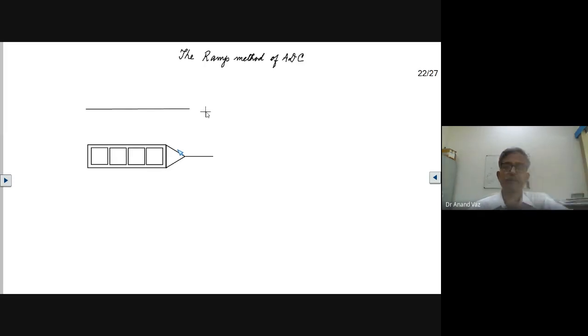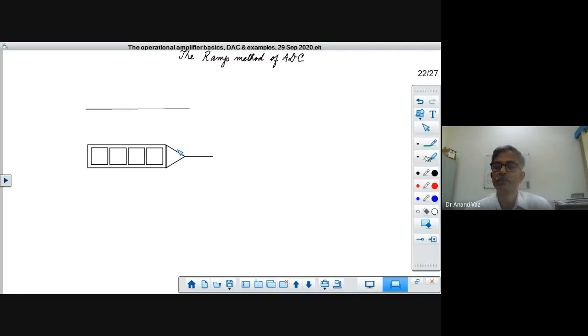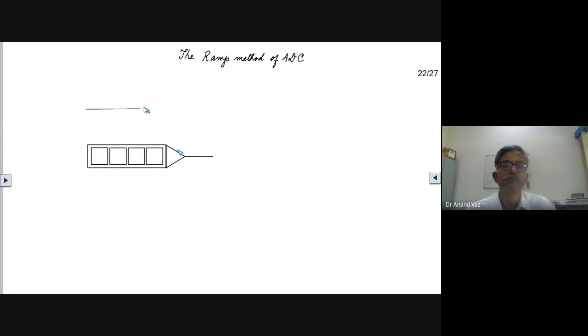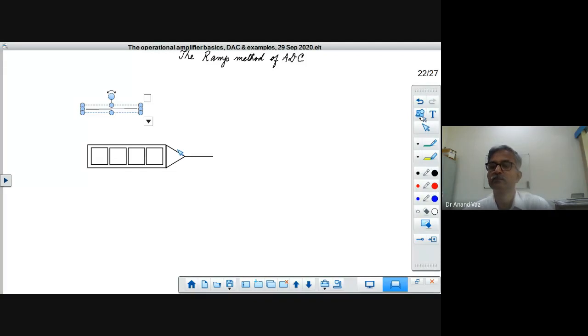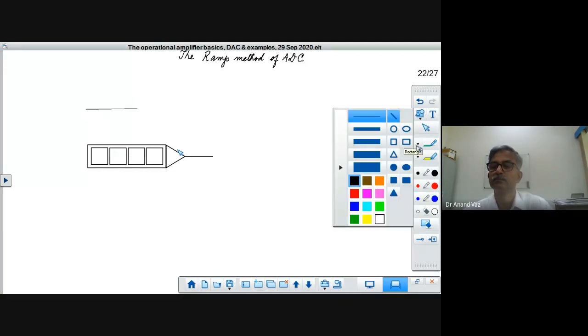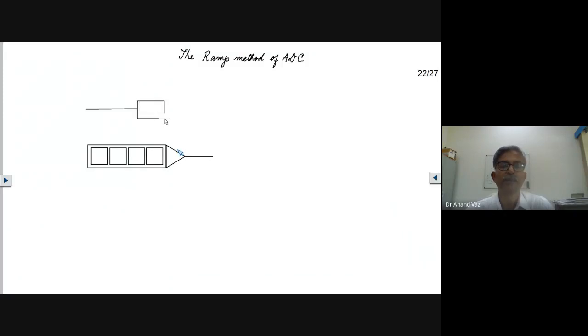And we're also going to sample it. So we're going to sample it and hold it. I'm just writing it using a box.